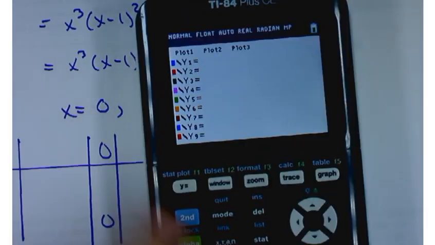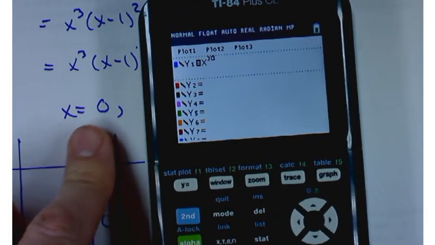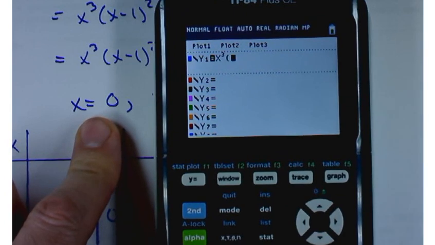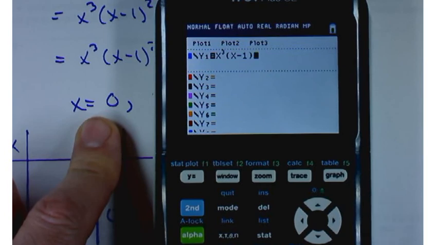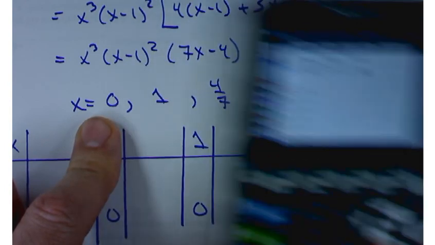So we'll do x raised to the third times x minus 1 squared times 7x minus 4.